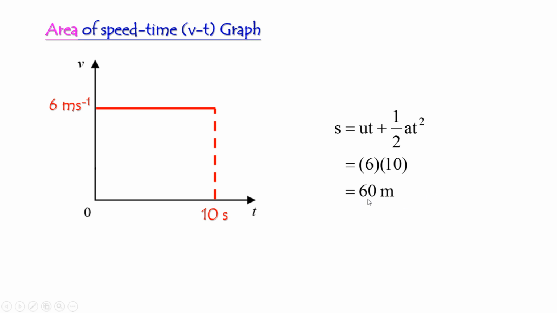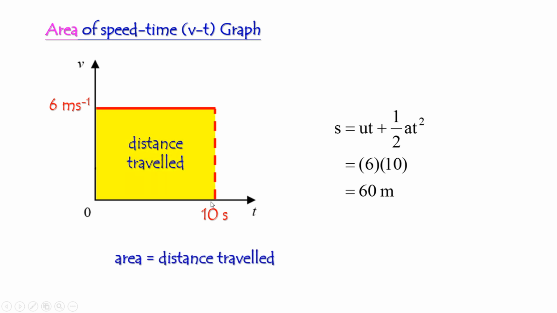60 meters, right? And can you guess how you can find out 60 from the graph? Yeah, some students will recognize that the height times the base length is equal to 60. So actually, the area under the graph, meaning the area enclosed by the line and the time axis, gives you the distance travelled by the object.